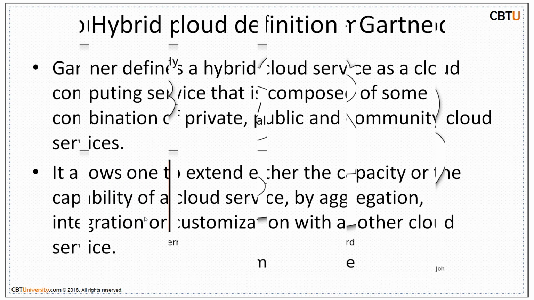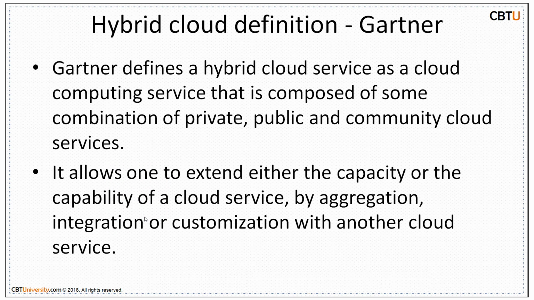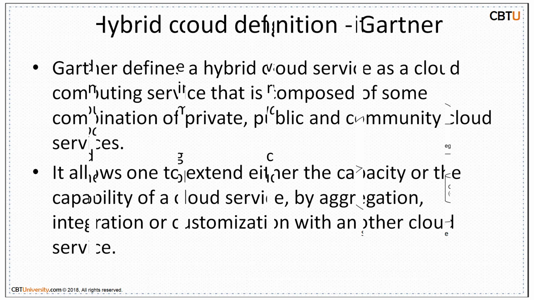Gartner defines a hybrid cloud service as a cloud computing service that is composed of some combination of private, public, and community cloud services. It allows one to extend either the capacity or the capability of a cloud service by aggregation, integration, or customization with another cloud service.